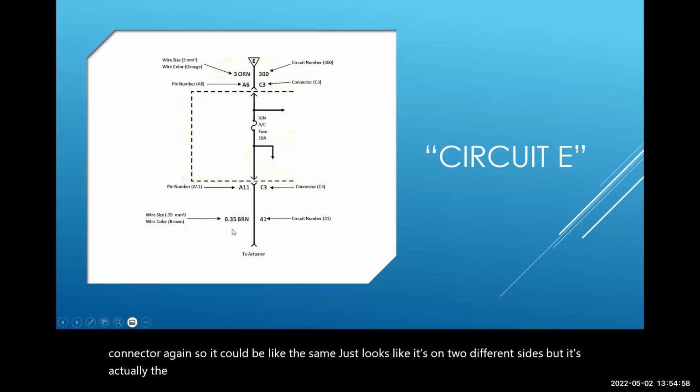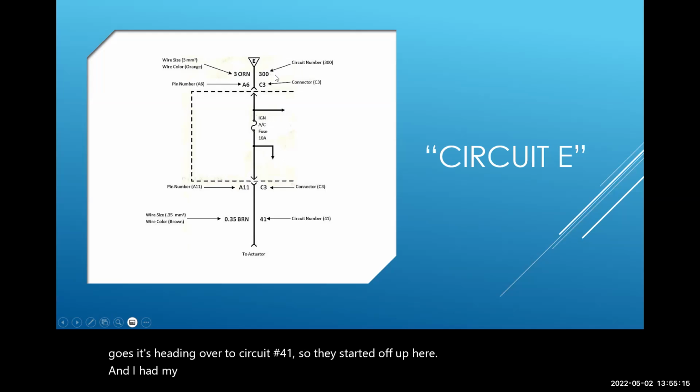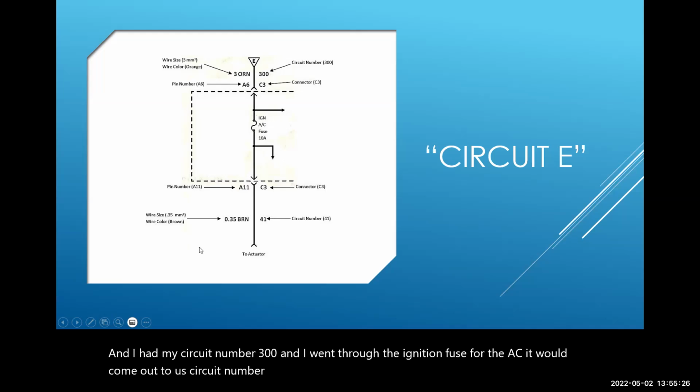And then we have, this is a millimeter, 0.35. It's a brown color wire, and it's heading over to circuit number 41. So they started off up here, and I had my circuit number 300, and I went through the ignition fuse for the AC. It would come out to circuit number 41 going to my actuator.